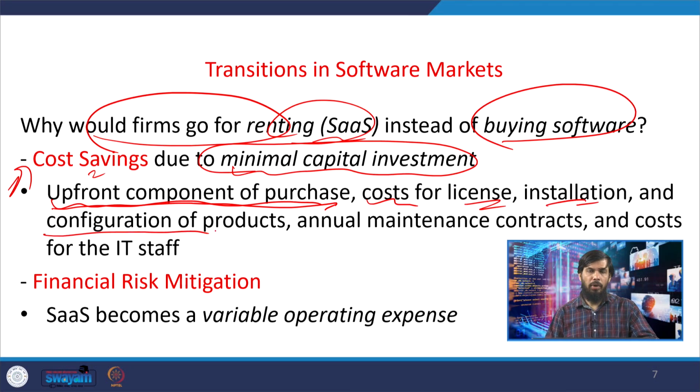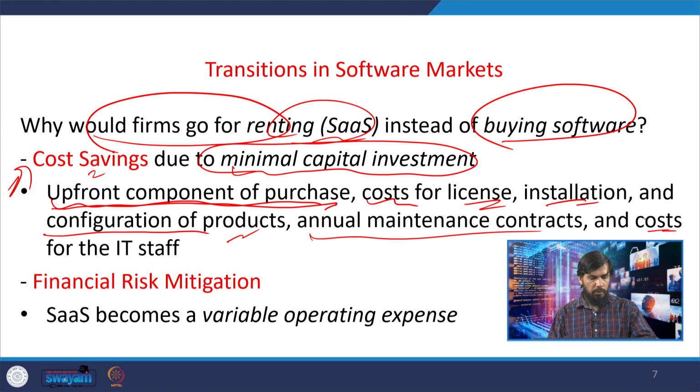So if you are going for on-prem, then other software and other hardware might be required. So licensing would be there, and installation and configuration of all that setup would have to be done by the firm itself. Now in case of cloud, all that is again taken care of by the SaaS provider. So this cost also goes away. Then annual maintenance contracts are not needed again.